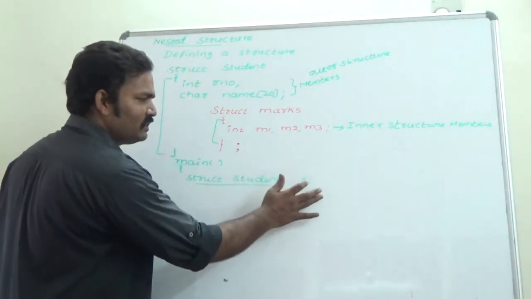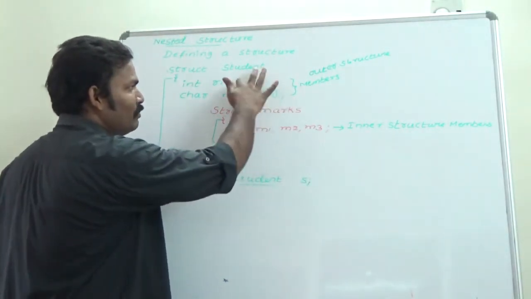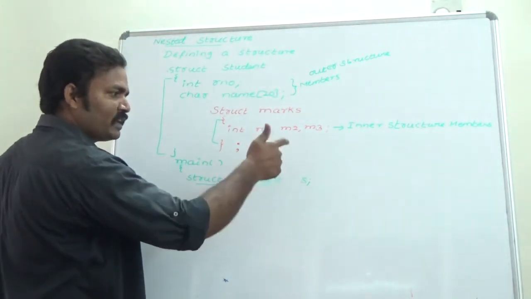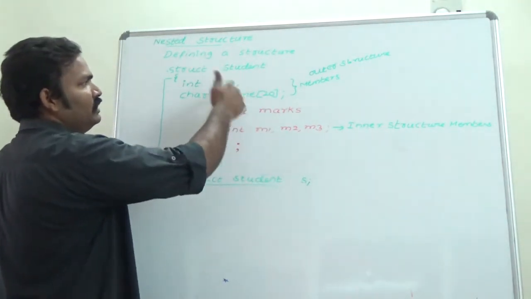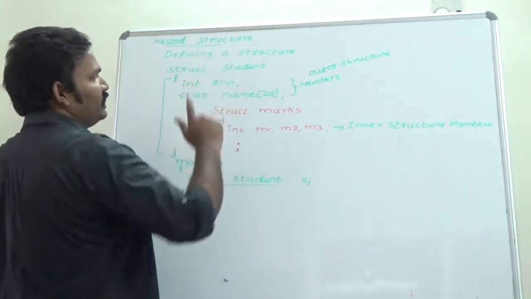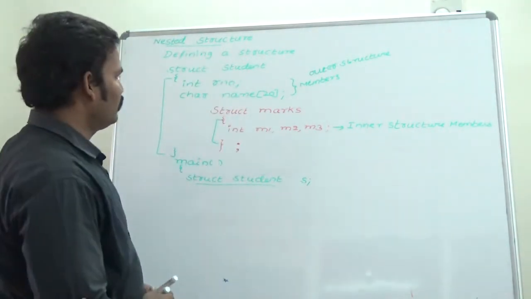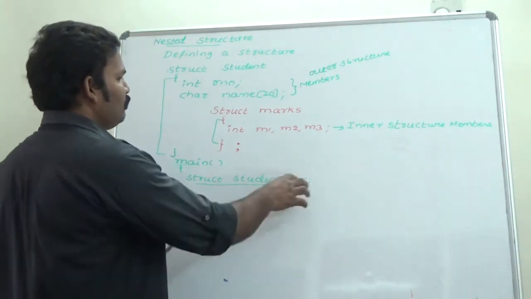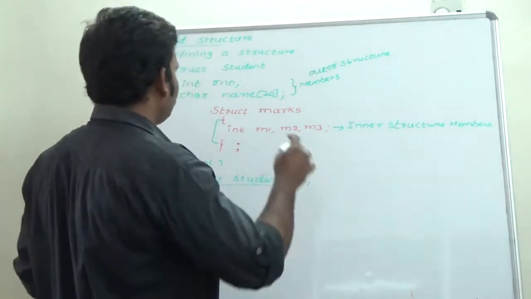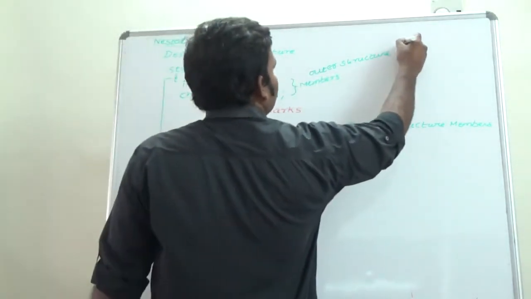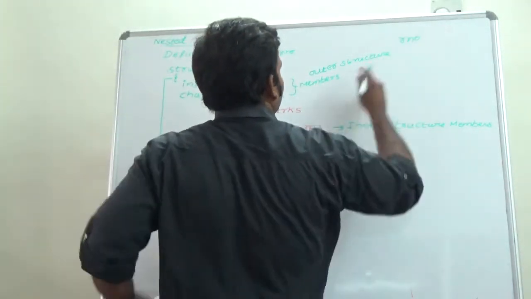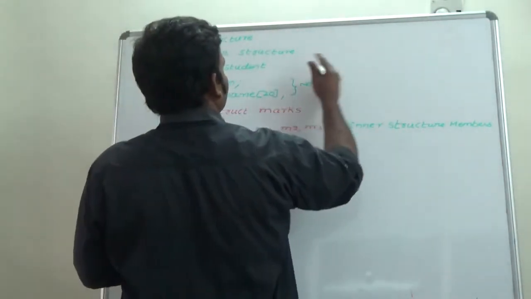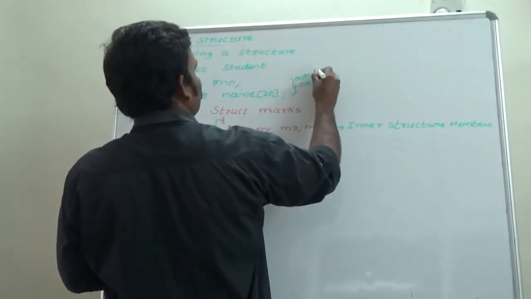Now this S variable can access the members of struct student type. So clear, right? So what happens now? Memory is allocated for these members. These are outer structure members.